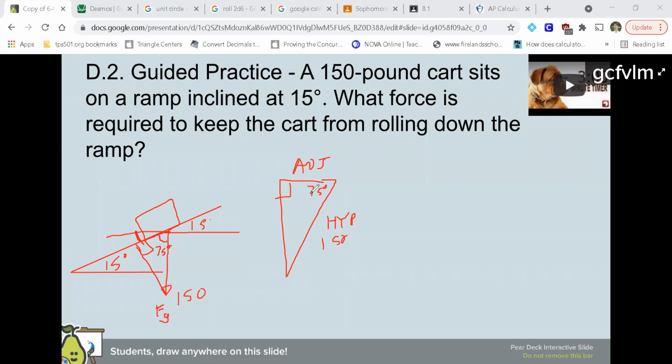Which trig function can I use to relate adjacent and hypotenuse? Now, before we do that, sine, cosine, or tangent? For adjacent and hypotenuse.